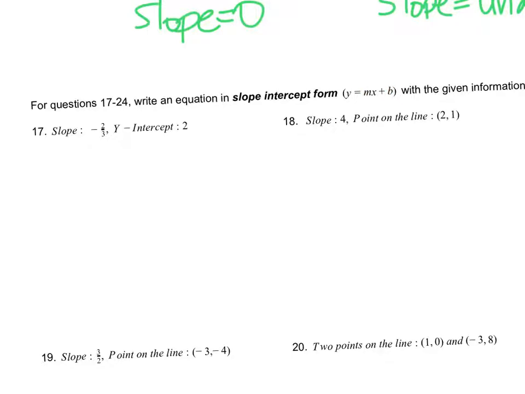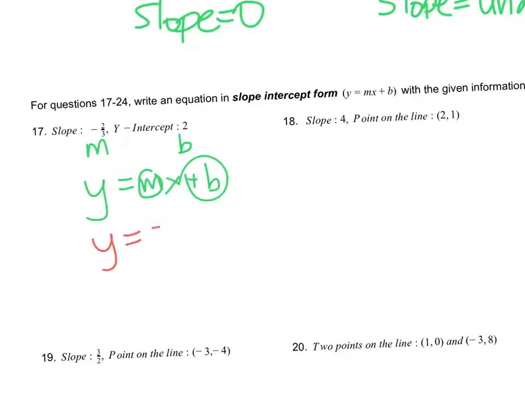So this one I'm actually already done, because negative 2/3 is my m value, and positive 2 is my b value because it's my y-intercept. When I piece together y equals mx plus b, I can write y equals negative 2/3 x plus 2.